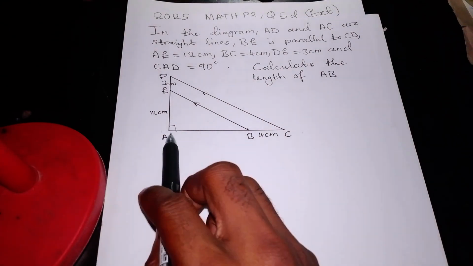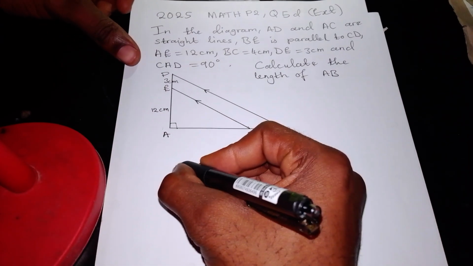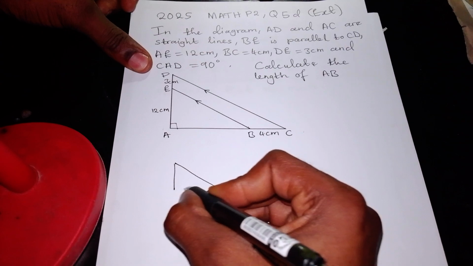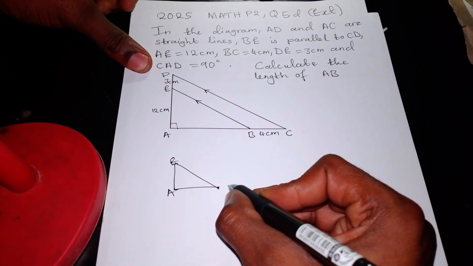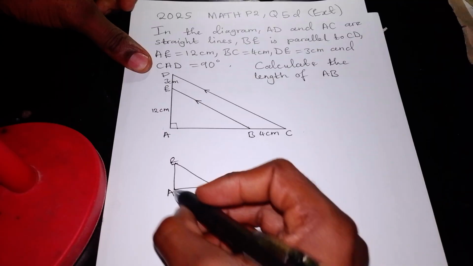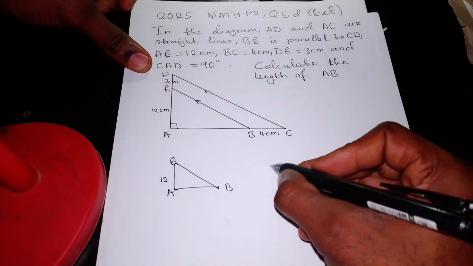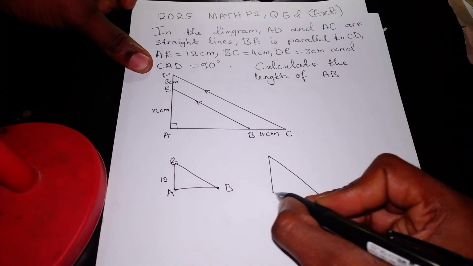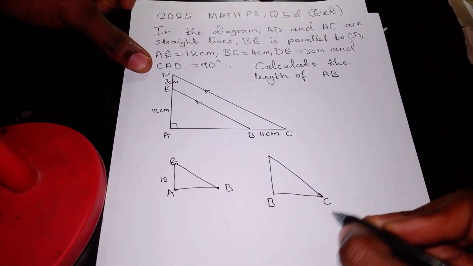So to find the distance AB, the best way to do that is to separate the two triangles. So let's do that. We have triangle AEB. This is the smaller triangle, and we have a 12 there. And then the bigger triangle, so this is just a simple sketch.